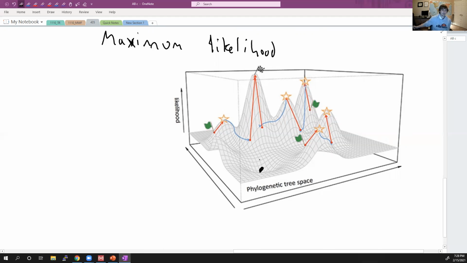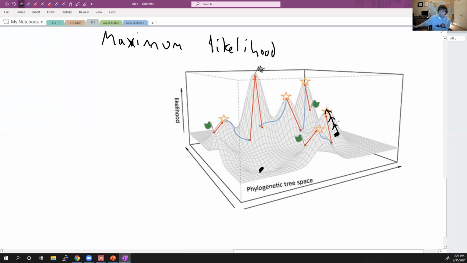But what maximum likelihood does is it takes a tree. It's going to say, I'm going to quickly design a tree and estimate how good it is. Say that tree has this kind of likelihood. It's okay, it's not great. But if we switch some neighbors around, our likelihood increases. Okay, let's switch some branches around again. Our tree increases, it's better.